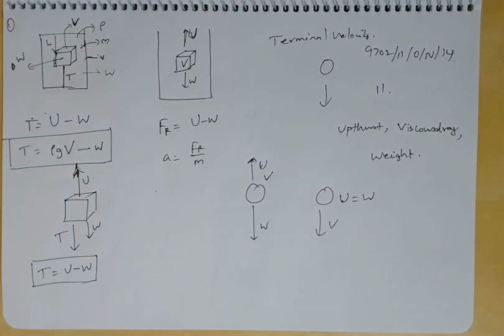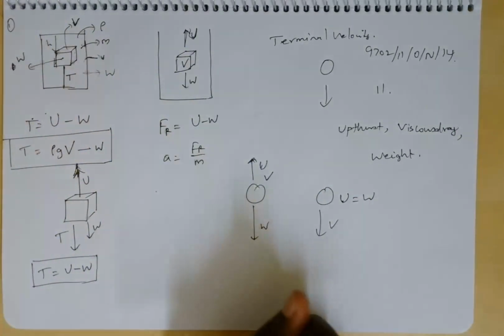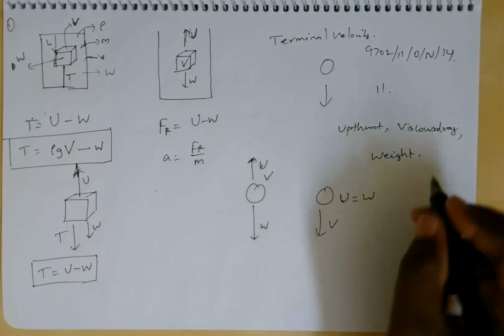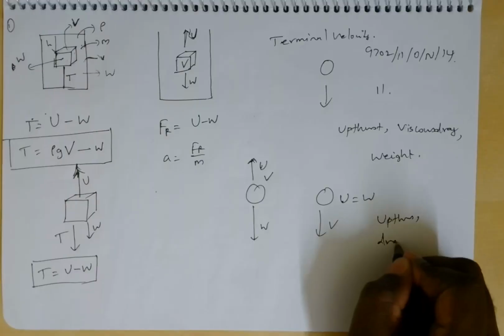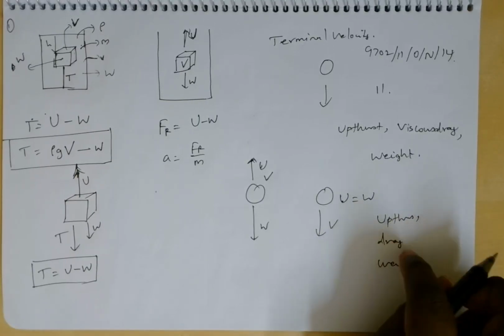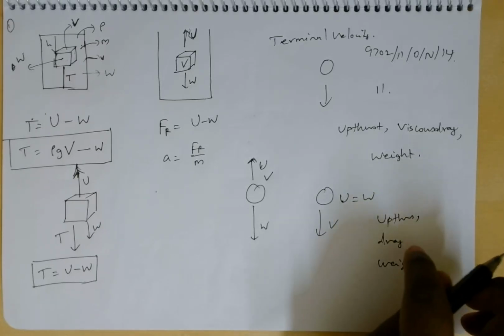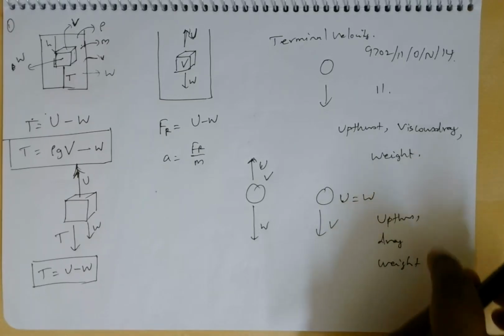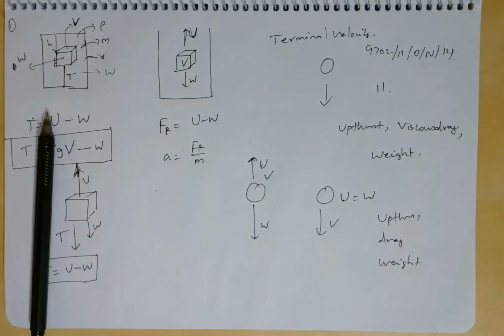Upthrust is less than the weight. So the order should be upthrust, drag, and weight. Why is drag more than the upthrust? Because weight minus upthrust only you get drag. And as you are falling down, you will get drag.